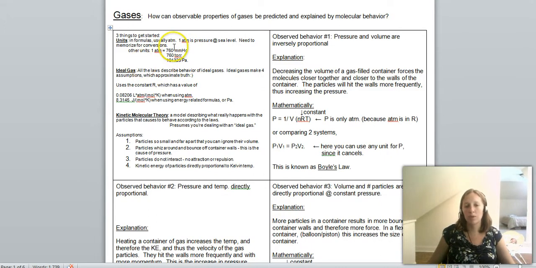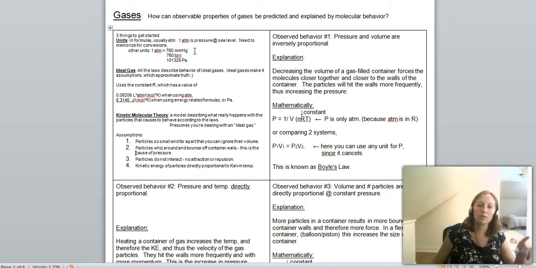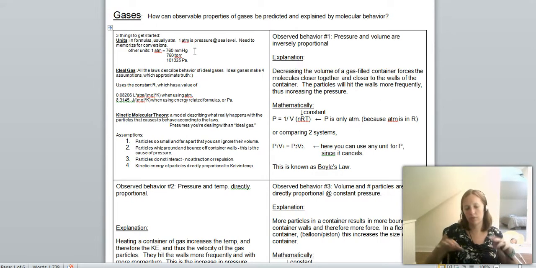So the torr and the millimeters of mercury are the same size, pretty much. So 1 atmosphere is 760 millimeters of mercury. And that comes from the mercury manometer, which is a tube full of mercury that, depending on the pressure, the mercury will rise or fall based on how much it's pushing on the pan of mercury that the tube is sitting in.